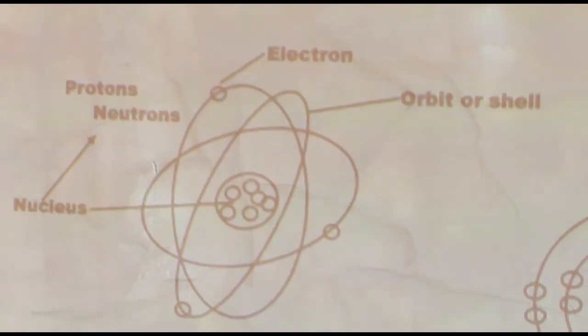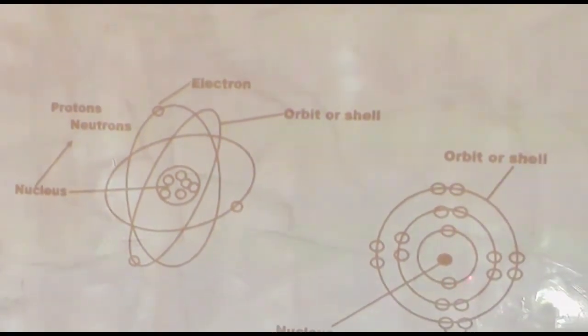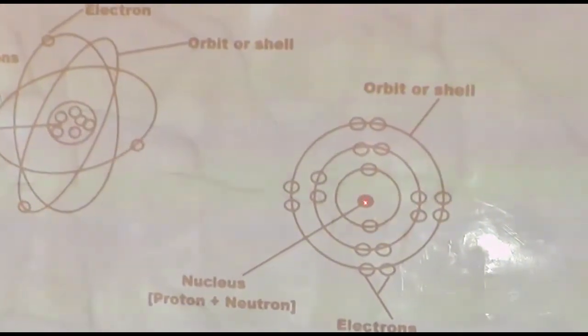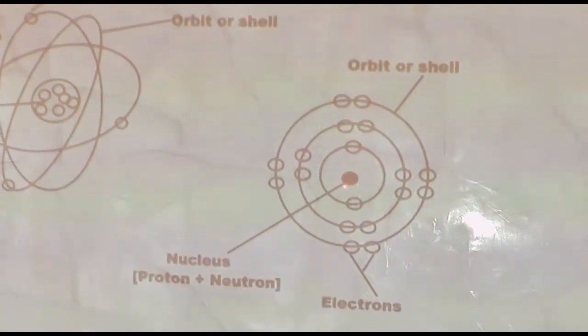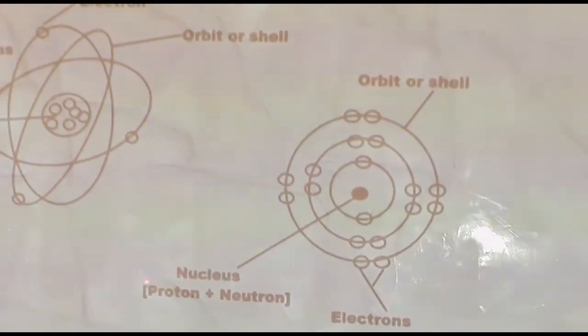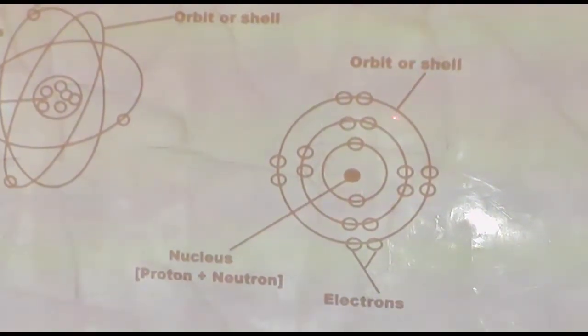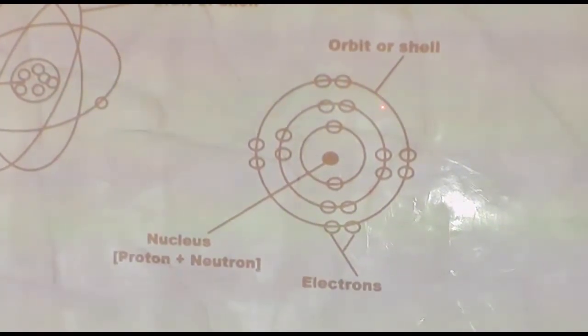The second structure shows us that the nucleus is dense, and it represents the protons and the neutrons. And of course, look at the orbit or shell.